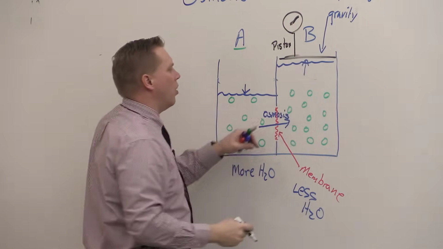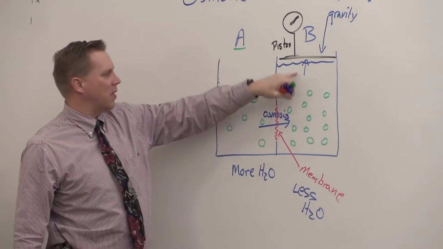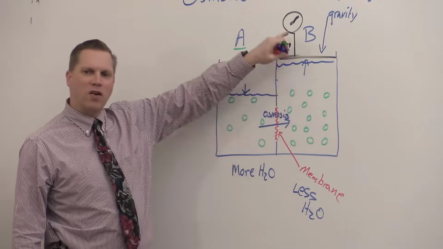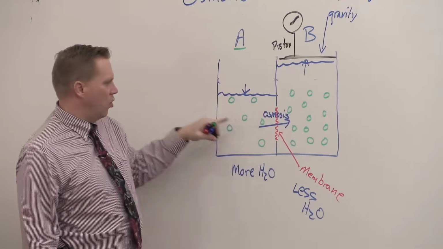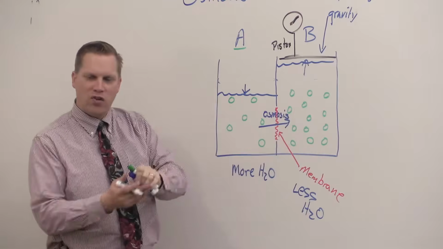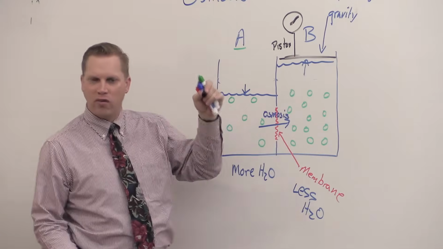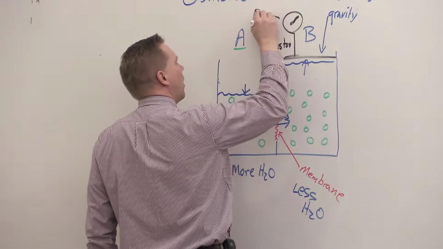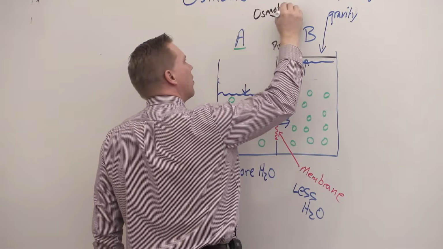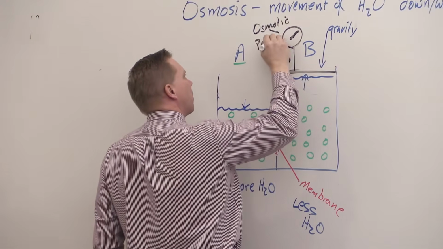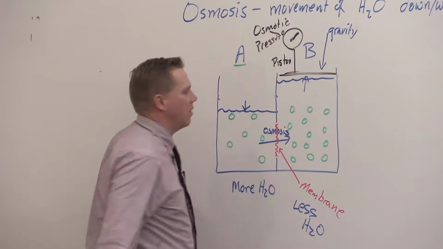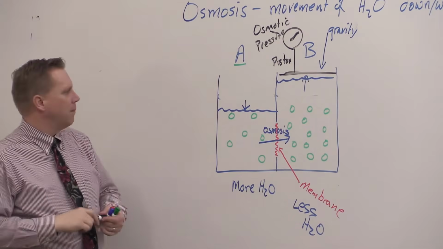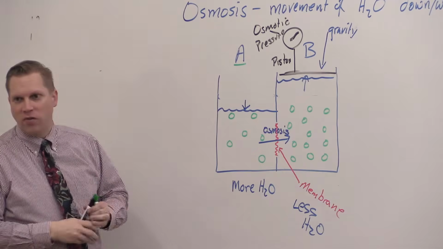And we can measure what this does, which is that it pushes up against the piston. It will create a certain pressure in here. So the movement of water can actually create pressure or force. And we would call that force the osmotic pressure of it pushing up against there. And so that's what osmosis is.